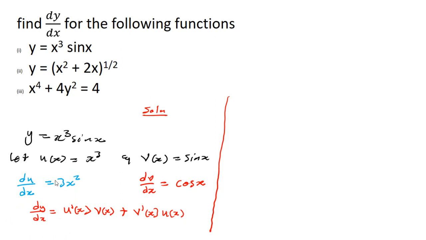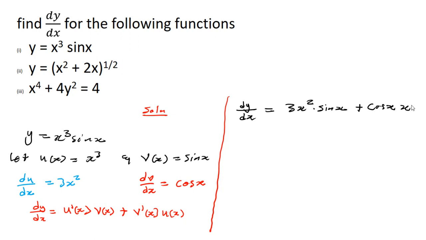So with this being done, we can simply finish up our work. dy dx is simply equal to 3x squared multiplied by sine x, because sine x is v of x. Then plus the derivative of v, which is cos x, multiplied by x cubed.